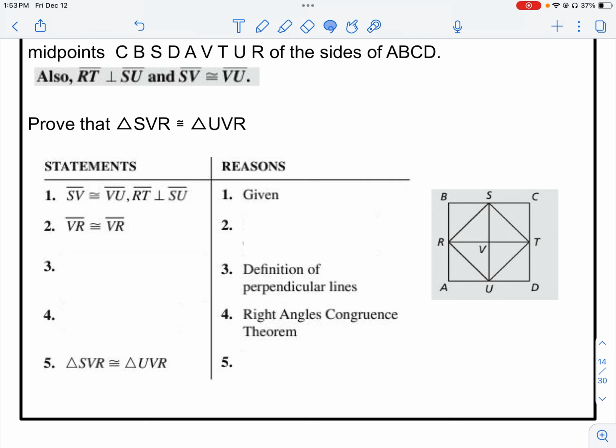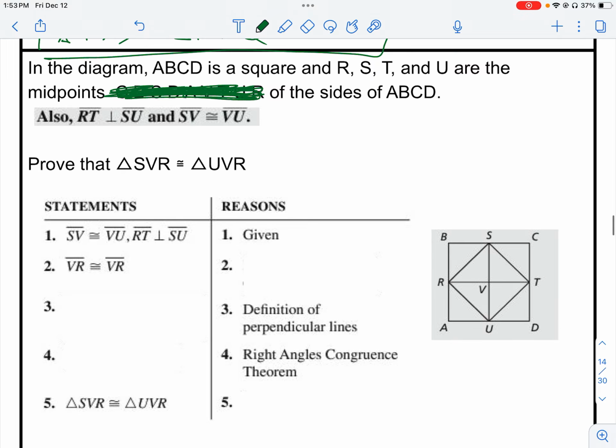And then one more proof, and we'll just get rid of this extra nonsense from my earlier copy and paste error. All right, so now we're going to deal with a square and some midpoints in that square. So SV and VU are congruent, and that's given.